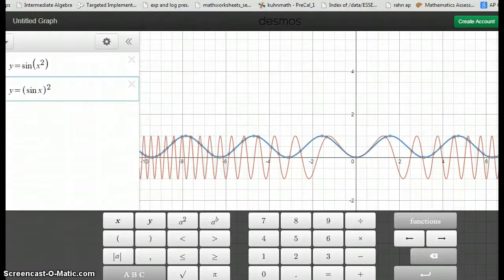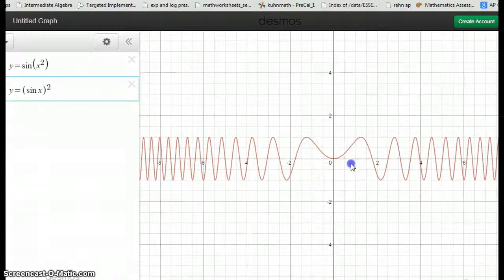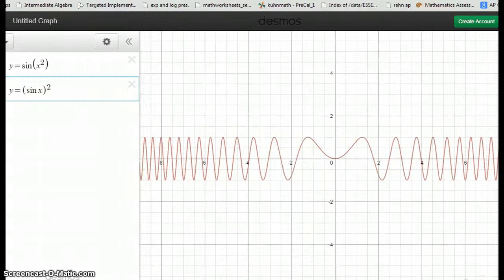I will continue with example 2, and as you can see, the graphs of sine of x squared and sine squared of x are done. I'm just gonna show you sine squared of x and look at the behavior, especially around 0. And the one in blue will be sine squared of x.